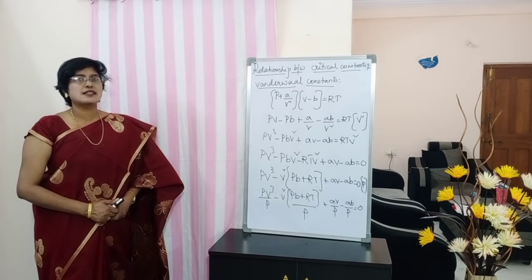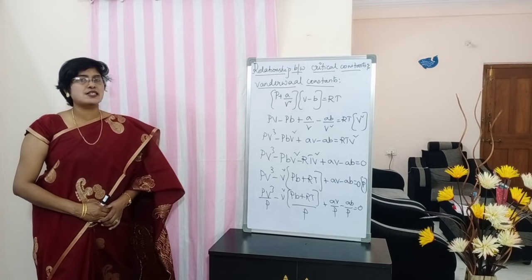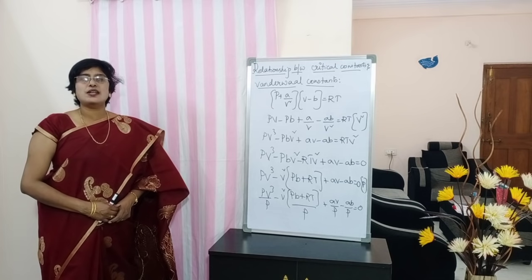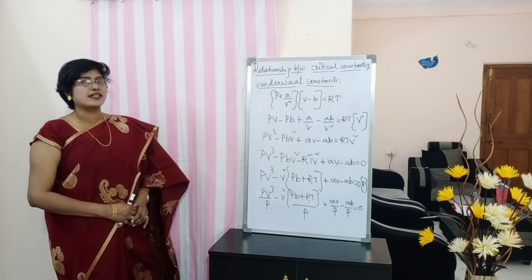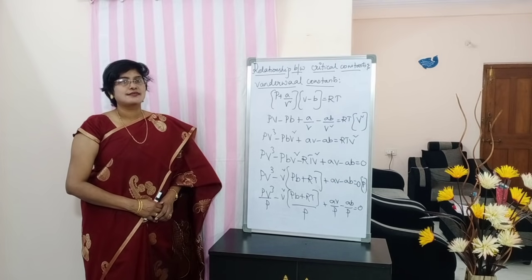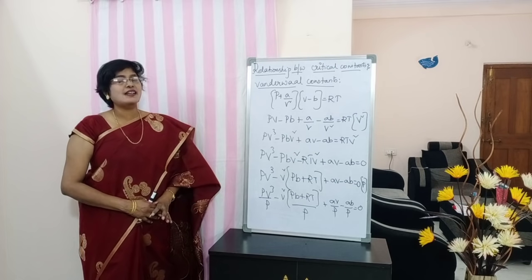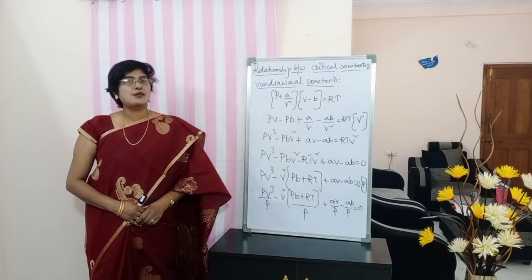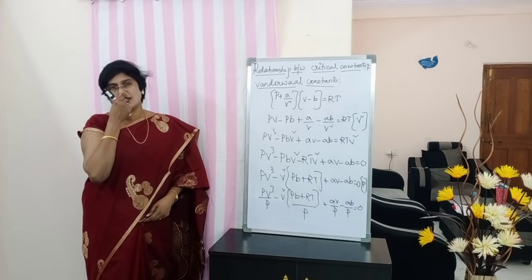So students, first I want to ask you a question. What is Vanderwaal's equation of state for 1 mole of a gas? Do you remember? (P + a/V²)(V − b) = RT, right? That is Vanderwaal's equation of state.